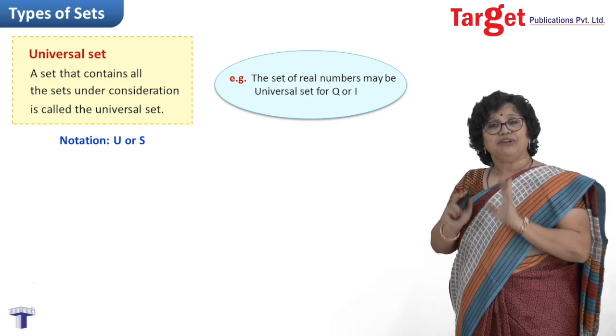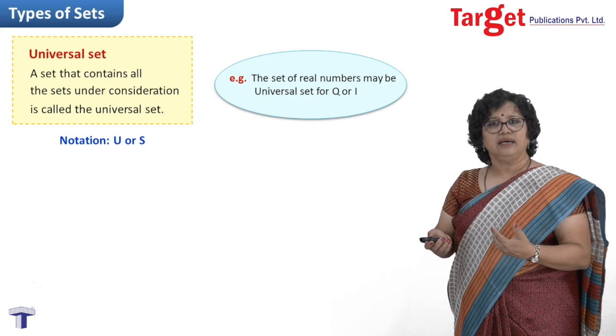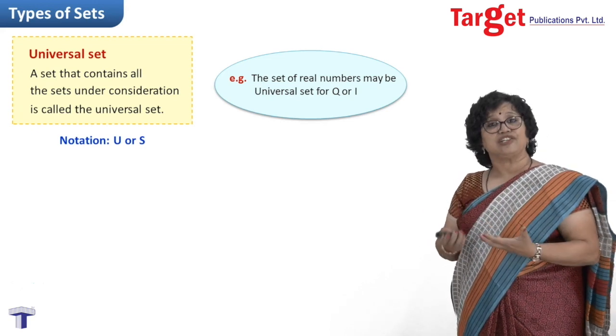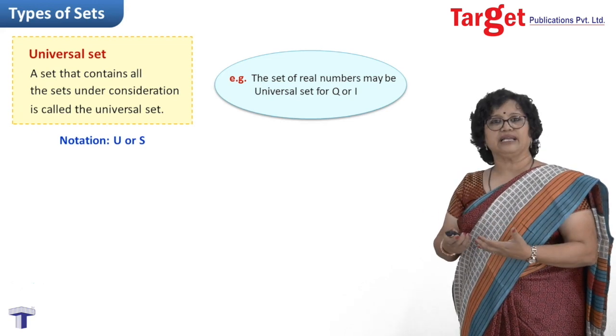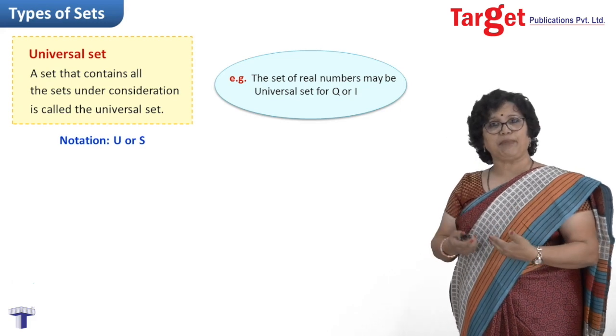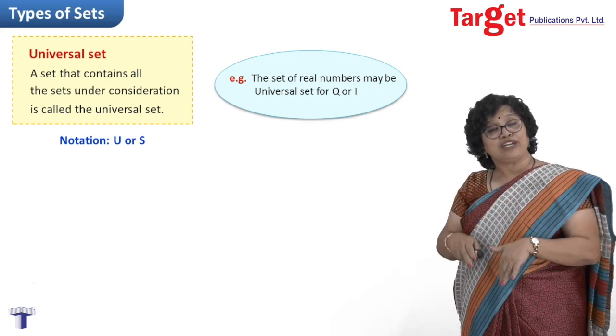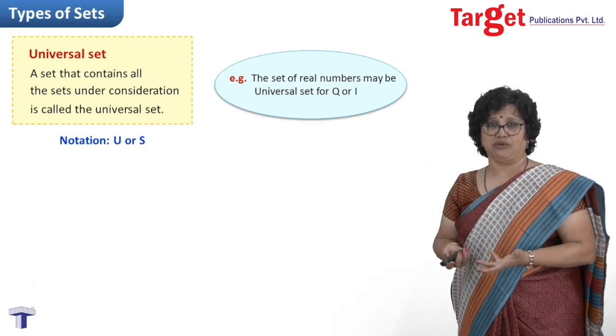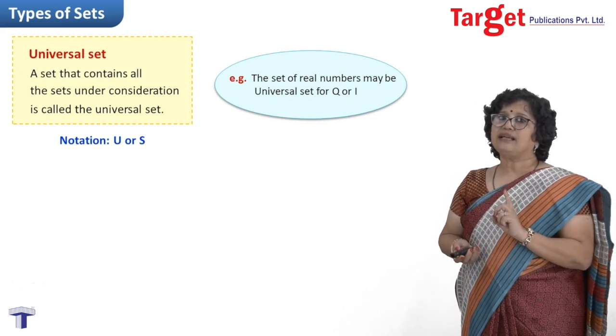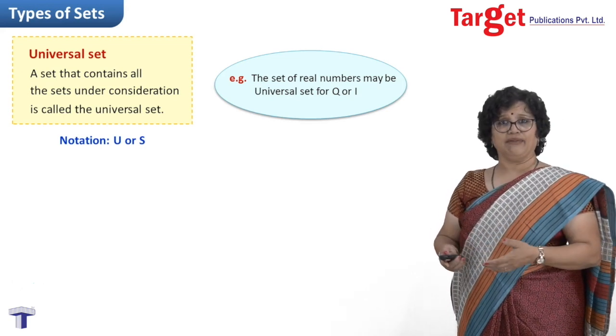Mind you, the universal set is not unique. If you are just taking natural numbers in your consideration, then even the set of integers may be the universal set. And if you wish, you can write the set of real numbers also as the universal set. So the universal set does not remain unique for a given case.